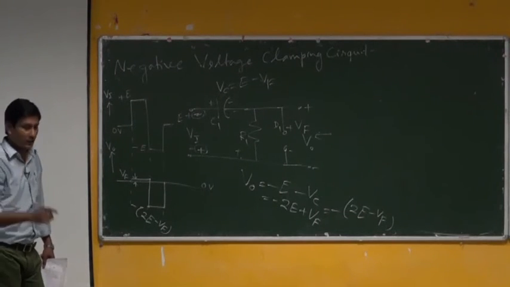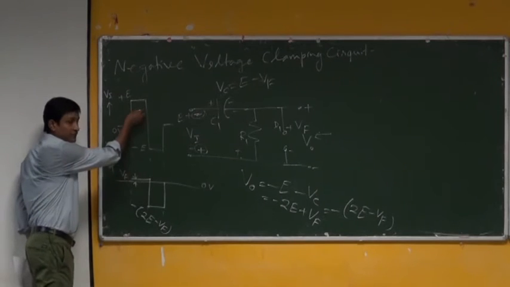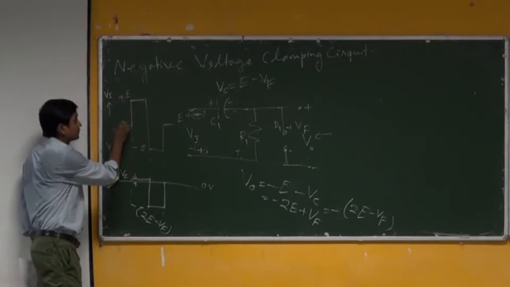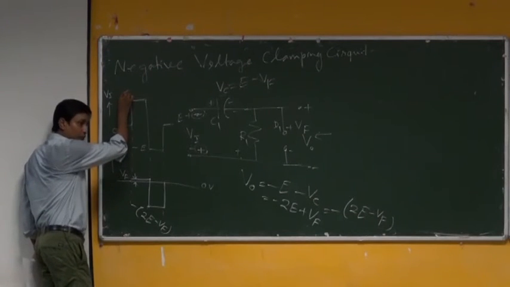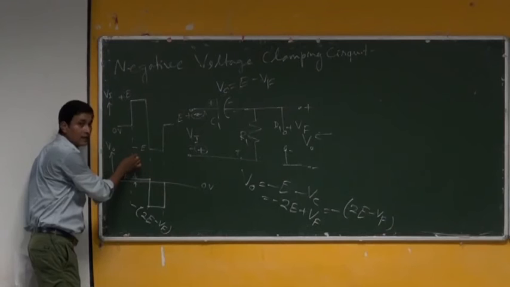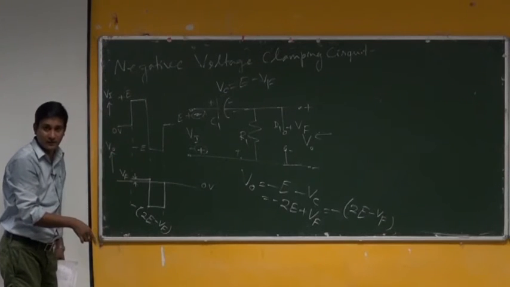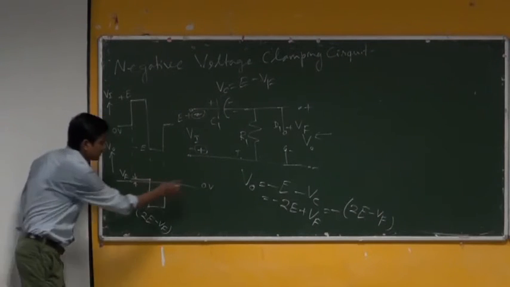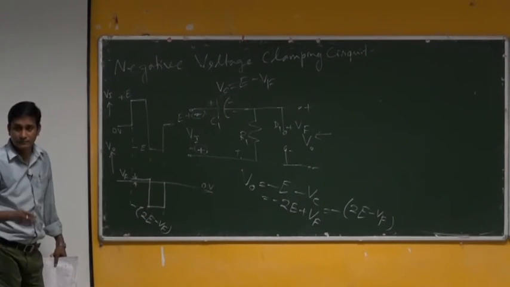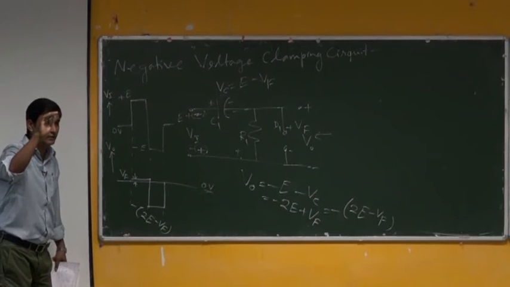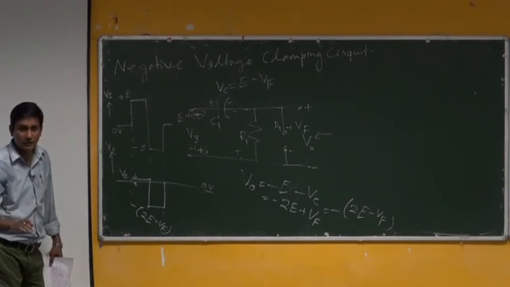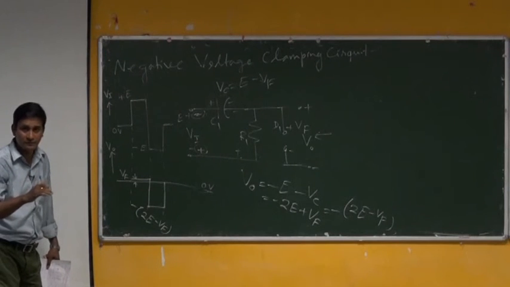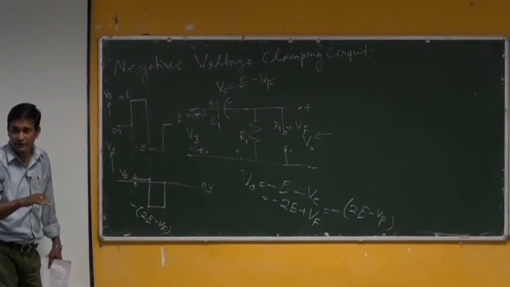Okay. So now, if this wave shape was there where, with respect to 0 volt, it went up to plus E and up to minus E at the bottom side, in this, where it has started and where it has gone with respect to 0 volt, it went to Vf, then it went up to 2E minus Vf.